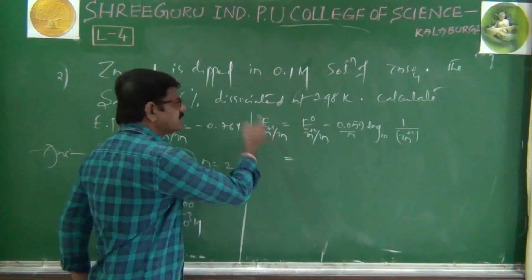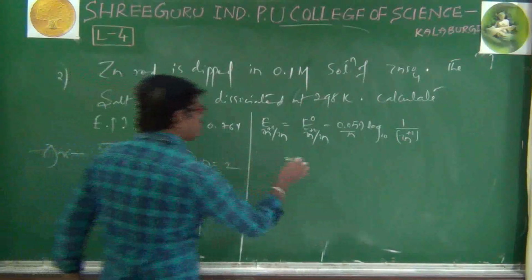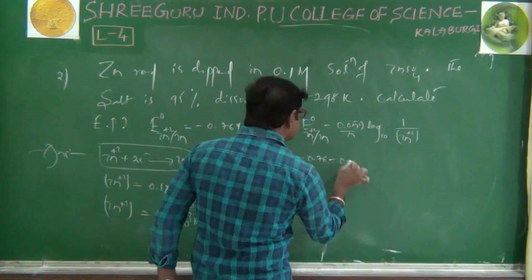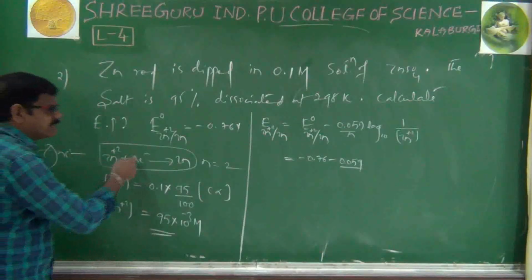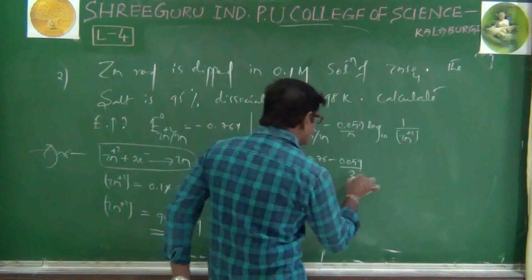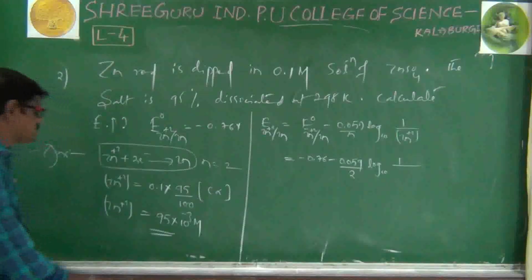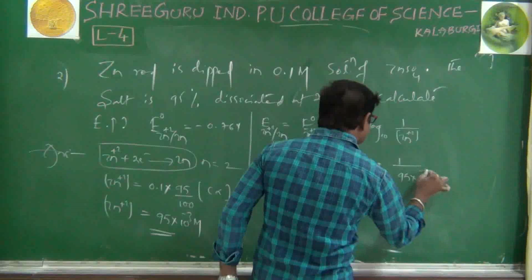Next we are calculating the single potential, and the standard potential is already given in the question, minus 0.76. Minus 0.059 by n, the number of electrons involved, which is 2, log base 10 of 1 by the Zn2+ concentration, 95 into 10 to the power of minus 3.